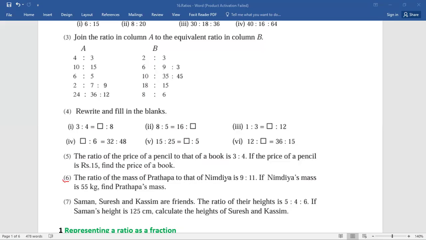Now, parts okay. They have given us the height of Saman, 125 centimeters.